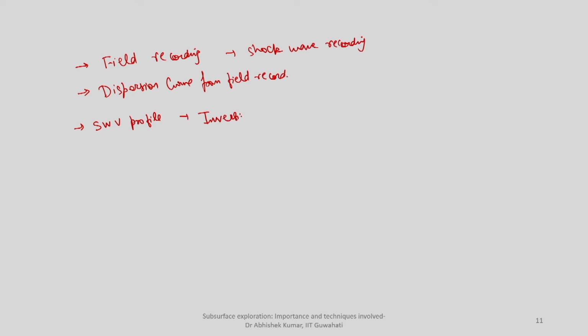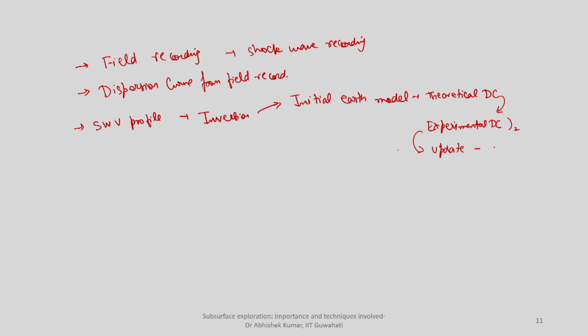It is called inversion because you try to approximate: you take an initial earth model and based on this model find out the theoretical dispersion curve, try to match it with the experimental dispersion curve obtained in part 2, and if it is not matching, then update your theoretical dispersion curve and compare again with your experimental dispersion curve.